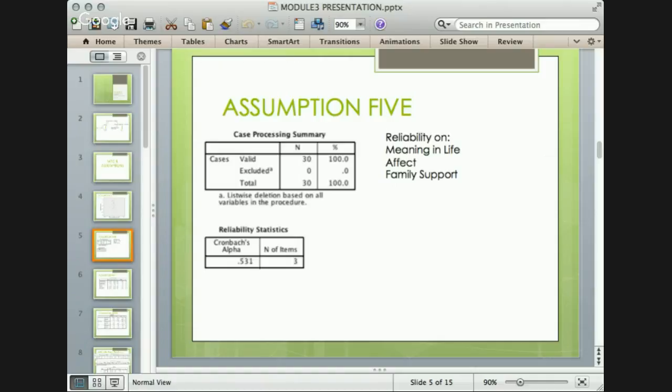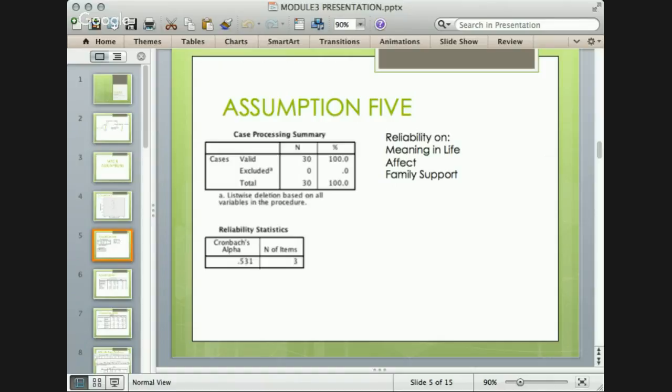We would think that high meaning in life, positive affect, and high family support would be sensible for high satisfaction with life, so we fulfill that assumption. Our third assumption is that the prediction of y does not require other predictors than x. Looking at my data set, I'm not leaving out any variables that could significantly affect satisfaction with life.